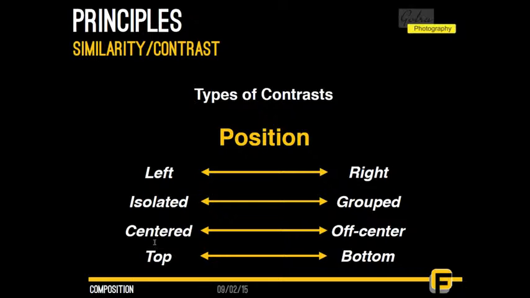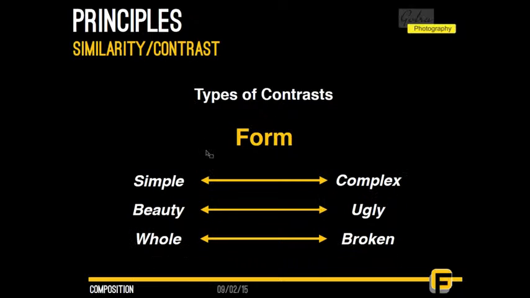Center or off center, top or bottom. Whenever you have one of these things, you can break it with the other. These are some creative ways to break your similarity by introducing contrast. When you want to break a similarity, you introduce a contrast.